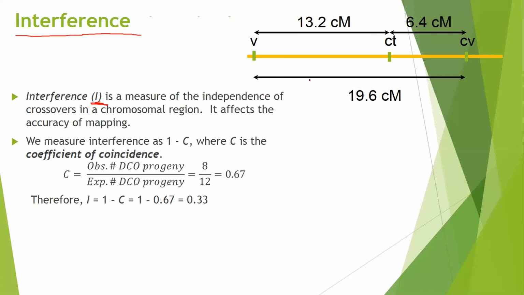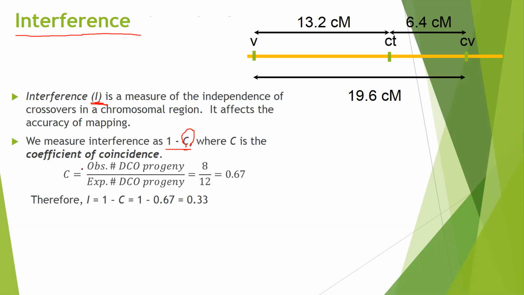If we want to calculate the interference coefficient I in this region, this is how we do this. The interference coefficient I equals 1 minus C. C is another concept that is associated with I. The C is called the coefficient of coincidence.